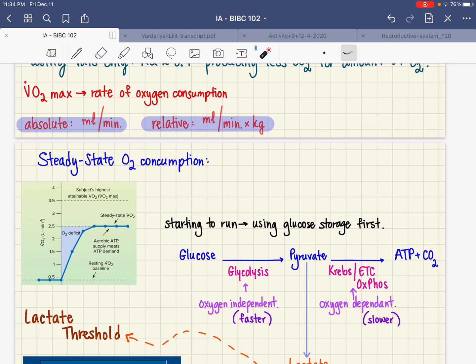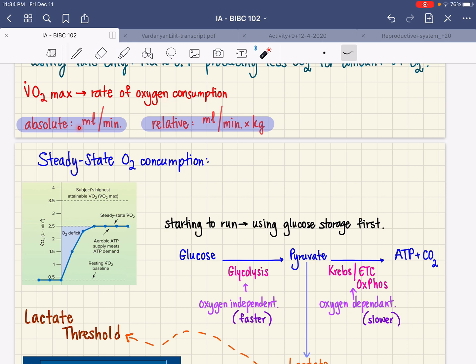So the trained athlete versus me, the trained athlete will be more used to breathing deeper, breathing faster, right? Because they're more trained. So their VO2 max will be much, much higher than mine. Two types of VO2 maxes that we discussed in class were the absolute VO2 max and the relative VO2 max.